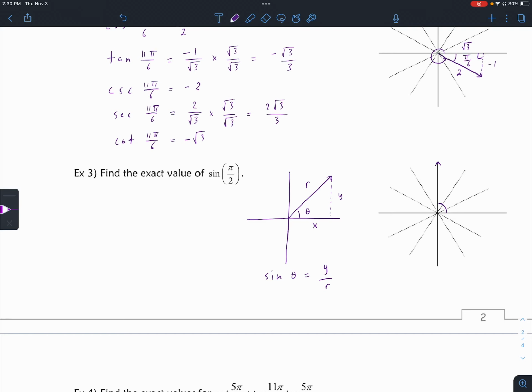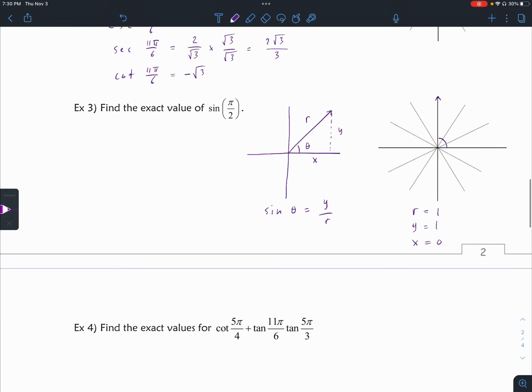Now in this situation, since we're dealing with a unit circle, a circle that has a radius of 1, r is going to be 1. Y is also going to be 1. However, x is going to be 0.